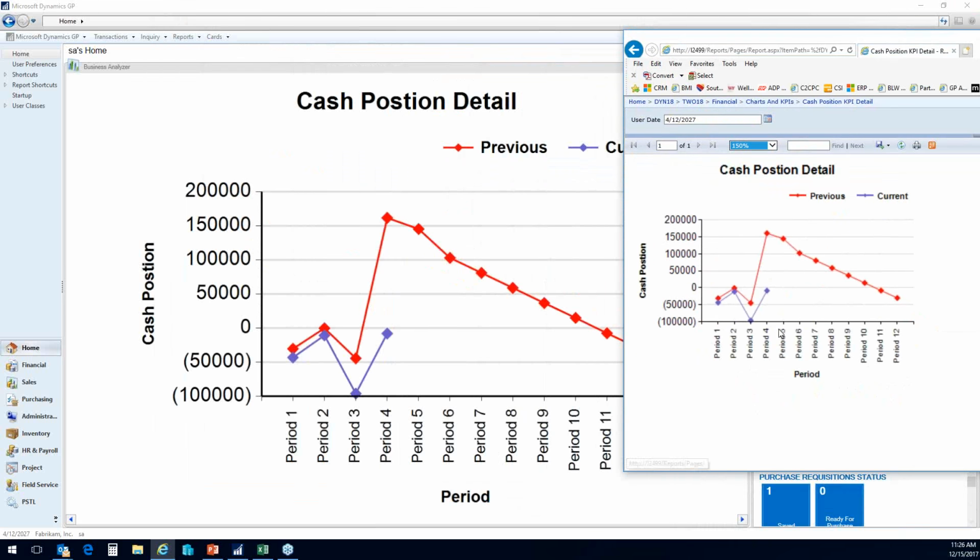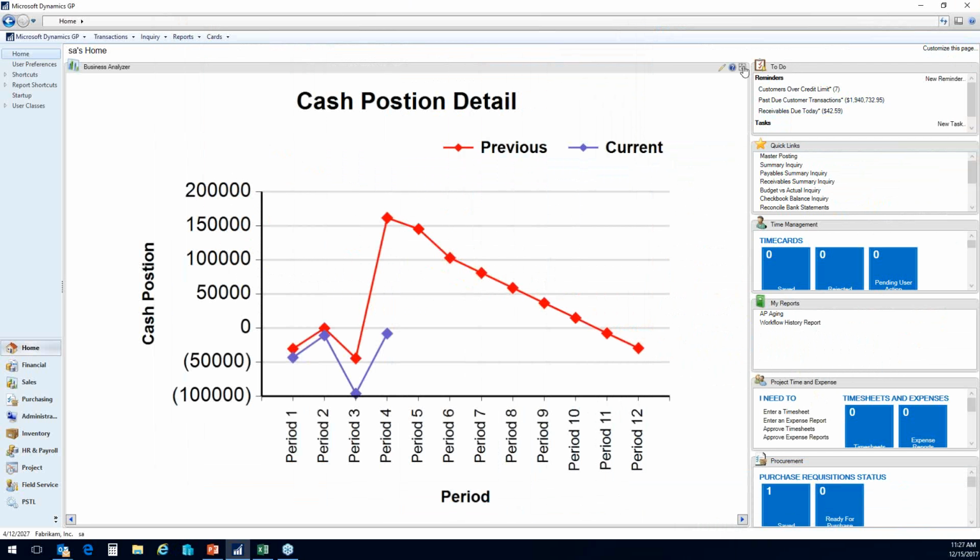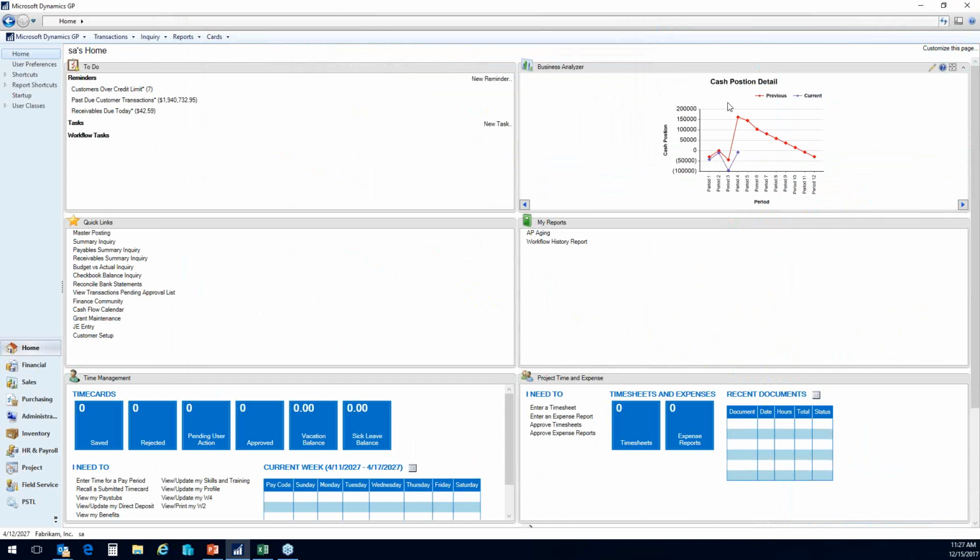And so we could be looking at this on my iPhone if I'm at a convention at a hotel, as long as I have a connection back to the office, and I can get real-time and live updates of what's happening under the hood back in the system without having to call accounting and bother people and ask for reports or Excel files to be updated and so forth. And so that's really what that whole plug-in piece is for.